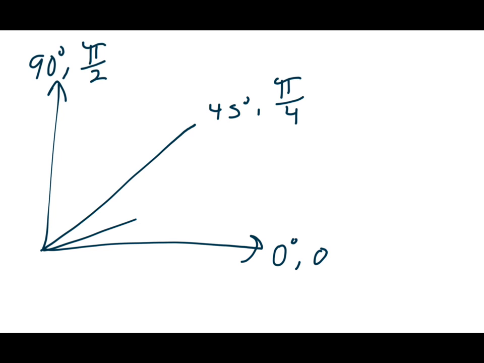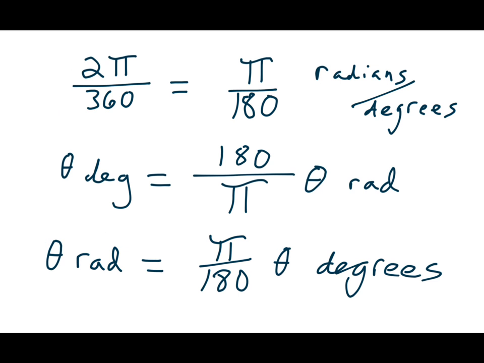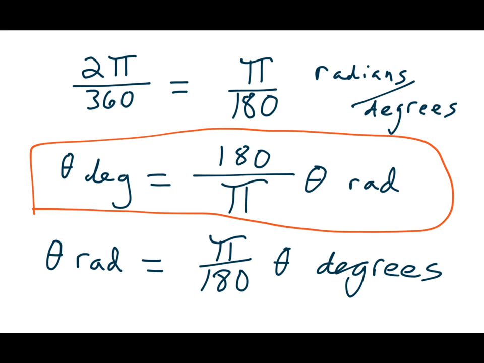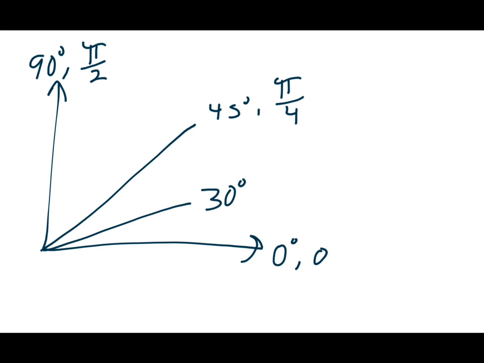Let's look at 30 degrees. Using our conversion from this page, we're going to use this guy. Okay. So that's going to be 180 over pi times 30. Hold on.